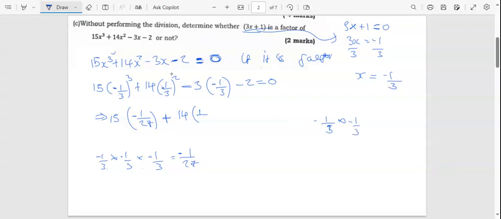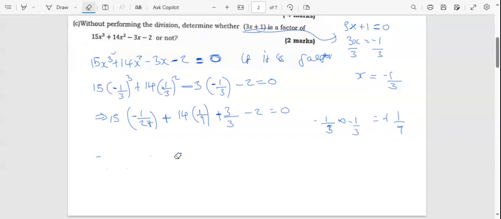Negative and negative is positive, so 1 over 9. Then minus 3, open bracket, negative times negative is positive, over 3 again, then minus 2 is equal to 0. Hope that is clear.